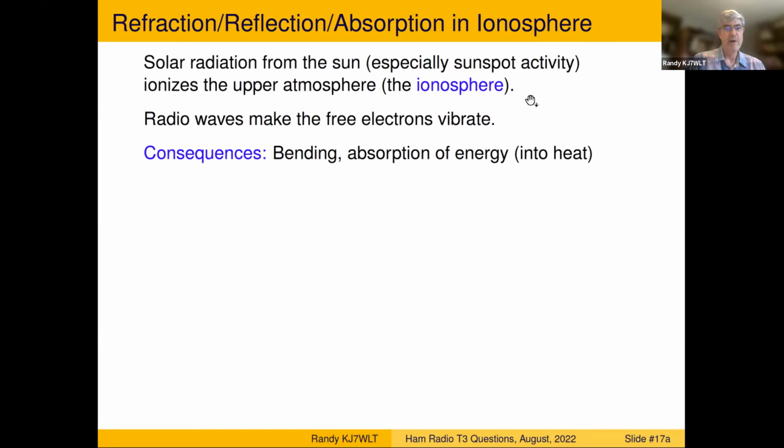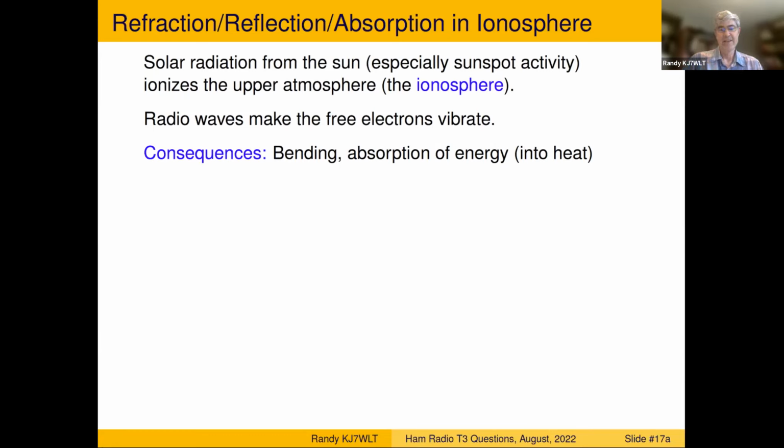And so the thing to remember is that because there are free electrons floating around in the ionosphere, and radio waves are rapidly oscillating electric fields, they make those free electrons vibrate, and then they re-radiate energy in a slightly different way. The consequence is that it can bend the wave as it moves through, or in some cases, it can largely absorb the energy: the vibration of the electrons is the electromagnetic energy being converted into kinetic energy.